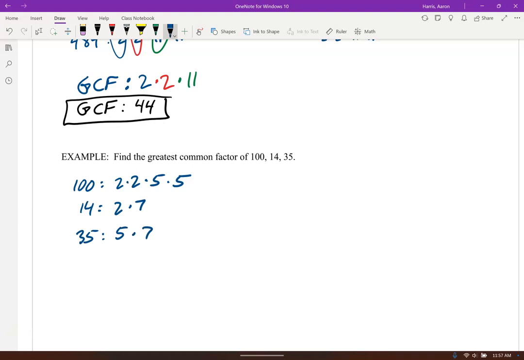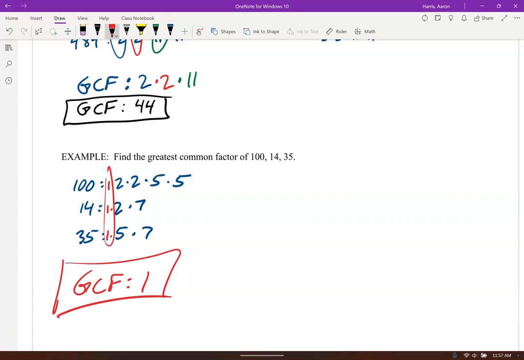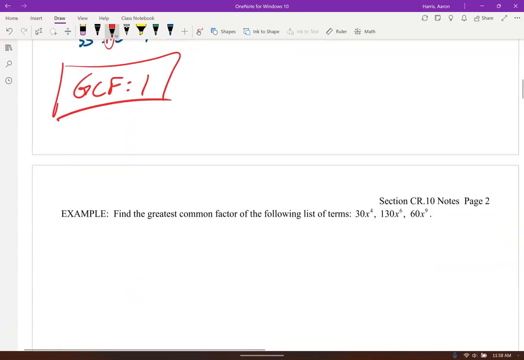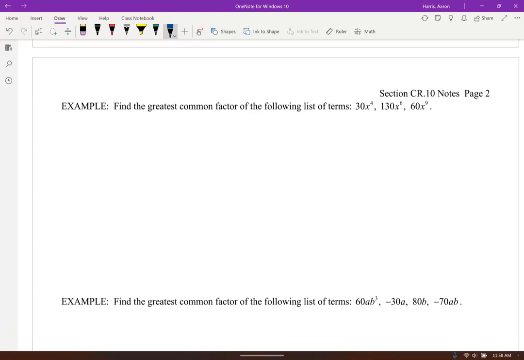And I'm looking at these, and gosh, they don't all have a 2. They don't all have a 5, and they don't all have a 7. So what's the greatest common factor? Well, it's actually 1, because 1 is the only thing they have in common. So they have nothing in common. The greatest common factor is just 1.